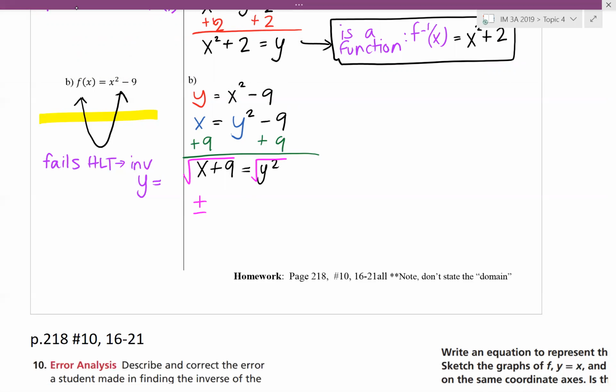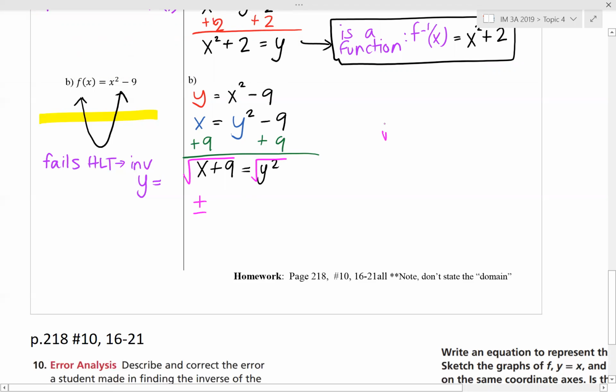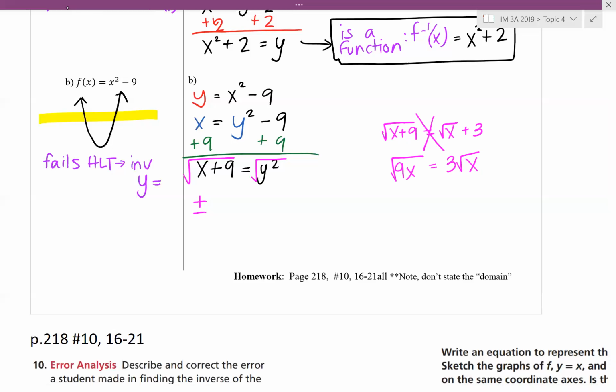One thing to keep in mind is that when I have this, the square root of x plus 9, it is not equal to the square root of x plus 3, right? I cannot just split up a square root when it's adding or subtracting. However, if I had 9x and I was square rooting that, that's when I can take the 3 out of the radical. And so this is just going to stay the square root of x plus 9.